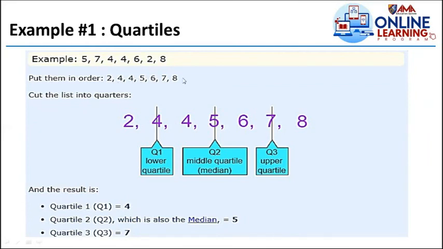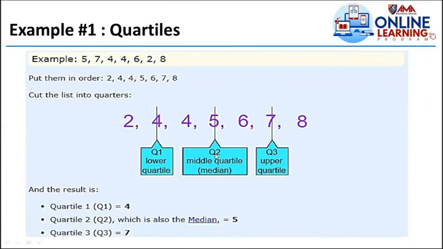Pag ginamit natin yung formula, n plus 1 divided by 2. So, 7 plus 1 is 8 divided by 2. So, therefore, our median lies on the fourth element. So, 1, 2, 3, 4. Which means this is our fourth element, automatic, this is our median.